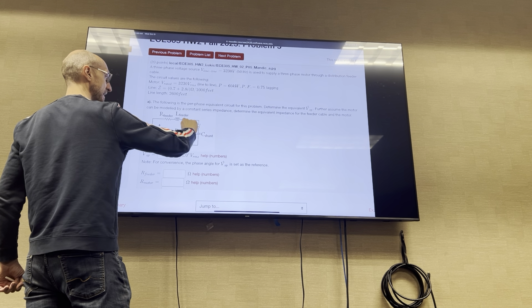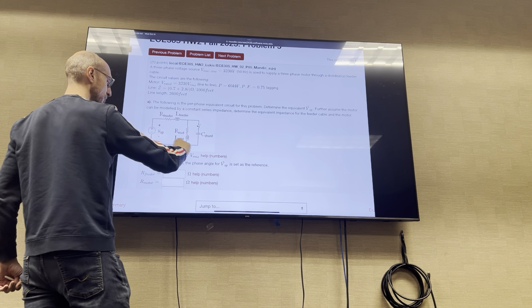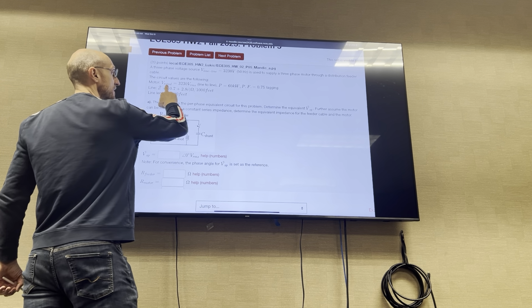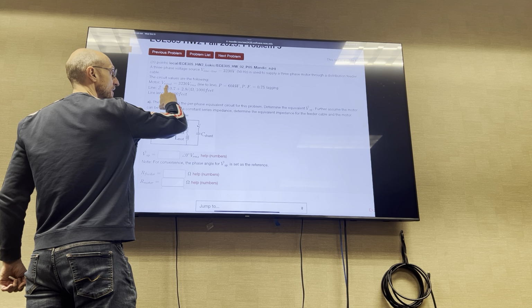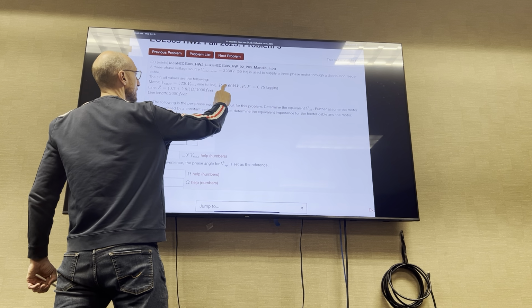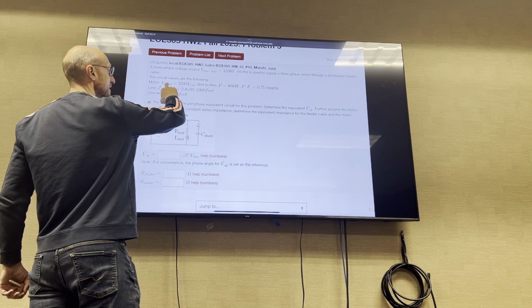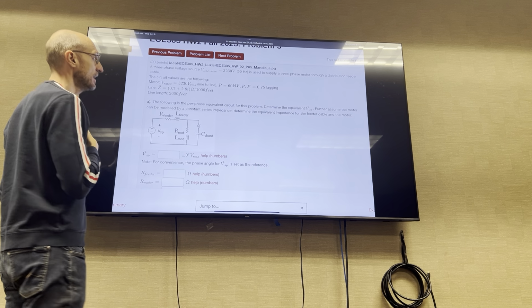And I can find this R motor and L motor, which I think was asked for in the problem, as V squared over P will give me the R, and then V squared, not true. I have to be careful, right?